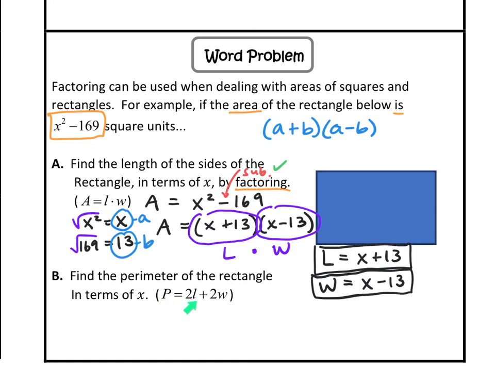Well, here's the formula for the perimeter. So let's plug it in. The perimeter is equal to 2 times L, but isn't L x plus 13?